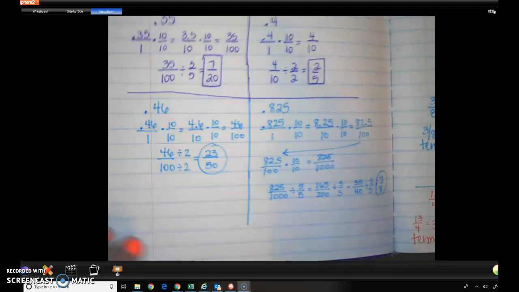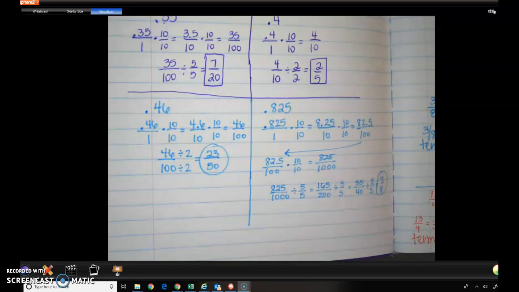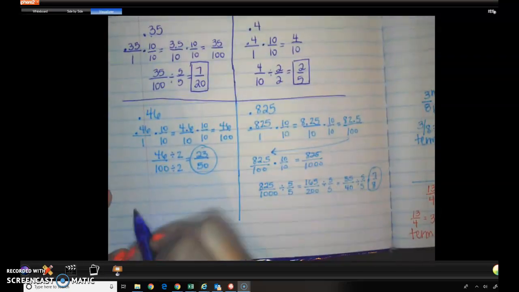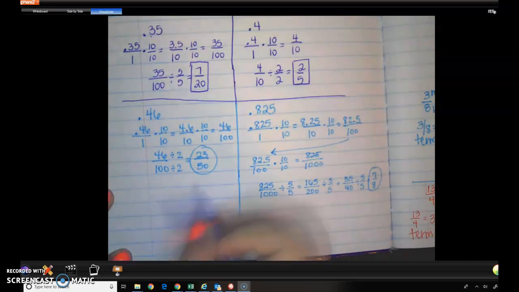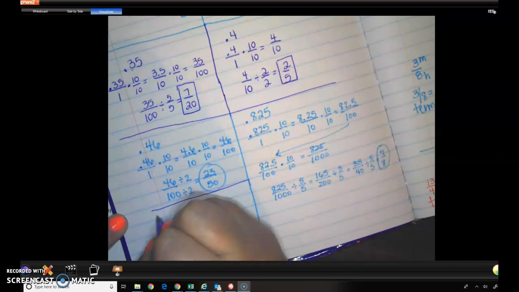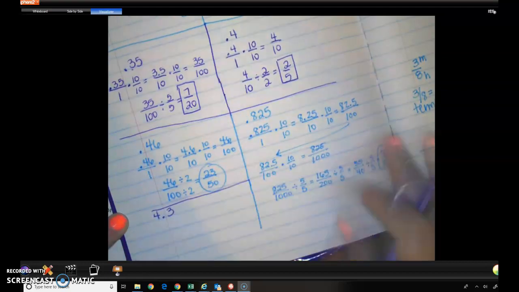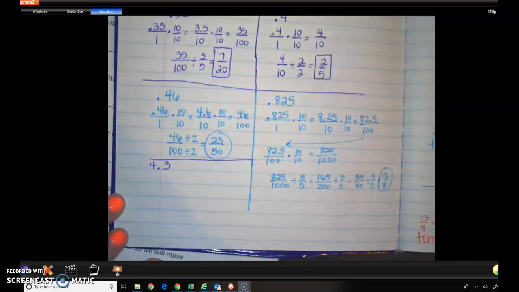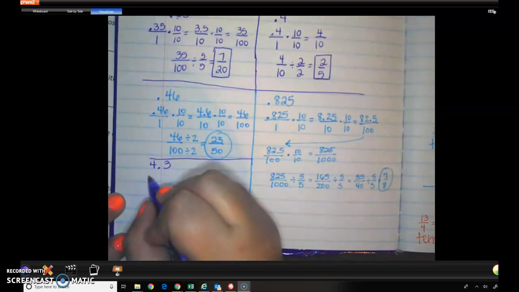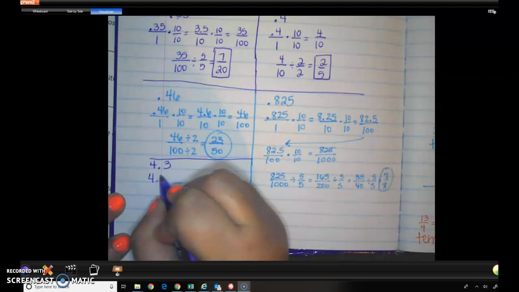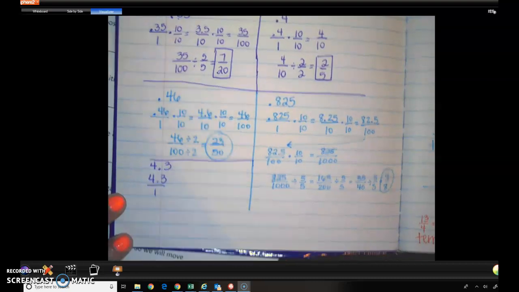All right, there's one more example I want to look at. We'll look at it together. And it's what happens when I have a mixed number. And so let's say that I have 4.3. All right, so I'm going to start by sticking it over 1. 4.3 over 1.